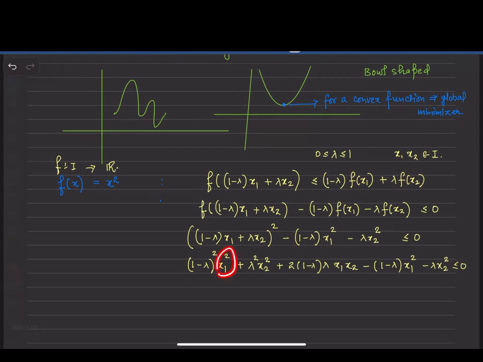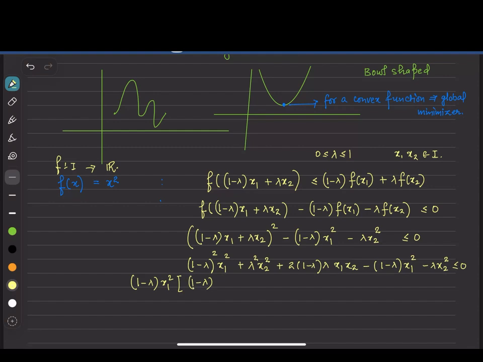Now x1 square and 1 minus lambda can be common from this. So take (1 minus lambda) into x1 square common. तो यहाँ से आएगा 1 minus lambda and वहाँ से आएगा -1.